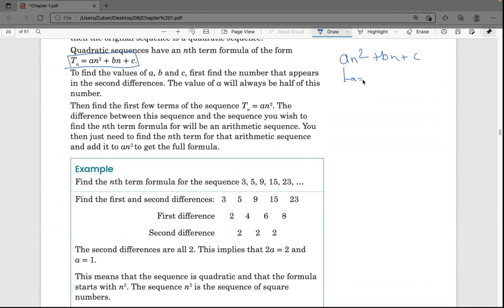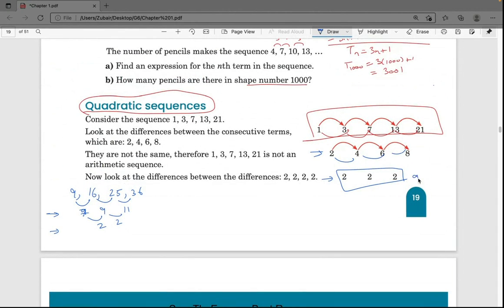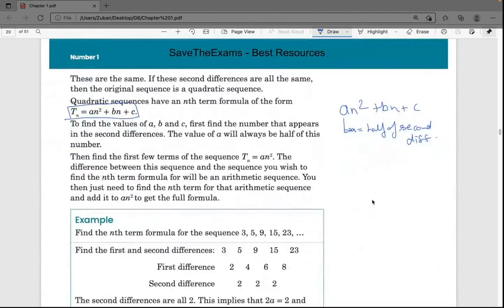A is half of the second difference. Like in this case, the second difference was 2, so a would be equal to 1. C is the zeroth term.